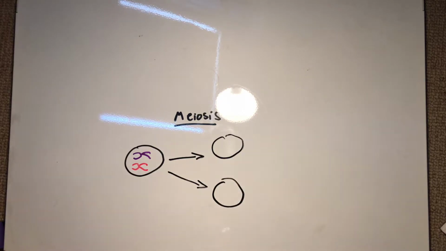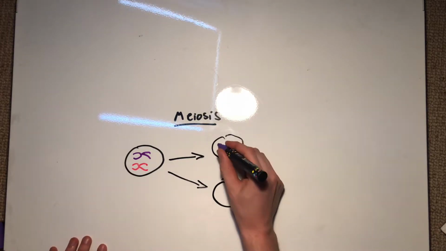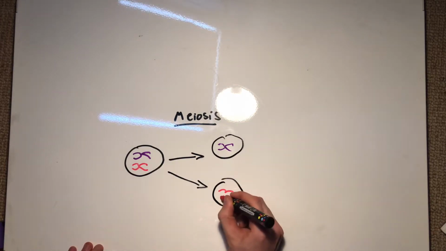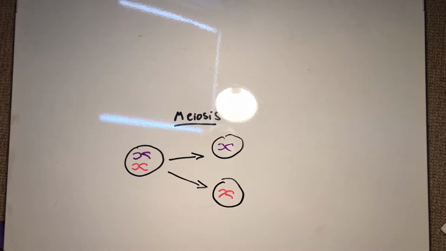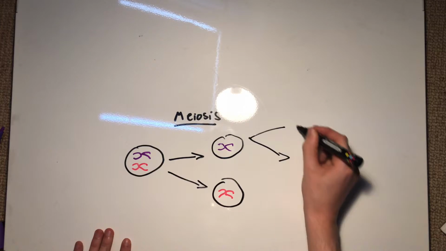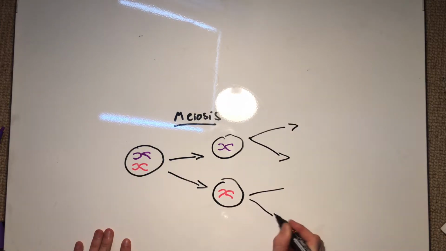Let's say this one from the father gets put in that cell, and this one from the mother gets put in the other cell. Then meiosis 2 occurs, where they get split again into haploid cells.